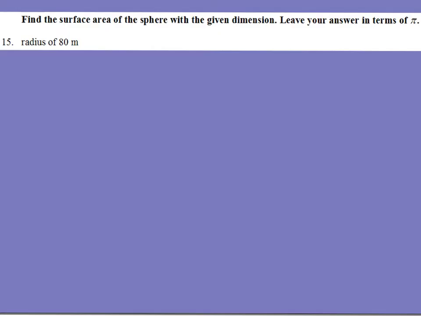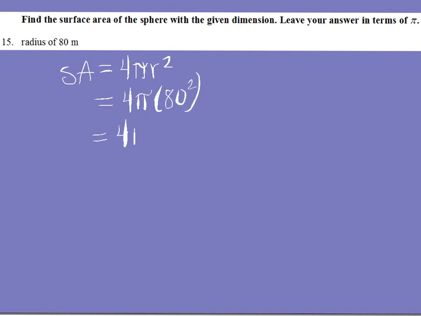Number 15 says, find the surface area of the sphere with the given dimensions. Leave your answers in terms of pi. Well, for a sphere, surface area is found by 4 pi r squared. So if we're given the radius is 80, we just plug that in, 4 pi times 80 squared. So I have 4 pi, I know 8 squared is 64, so I'm just going to add 2 zeros and make this 6,400.